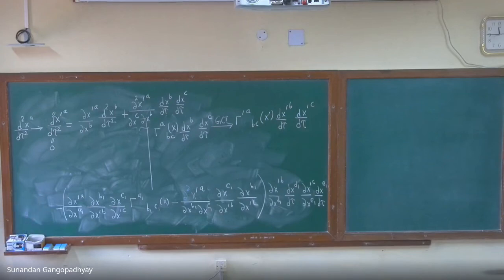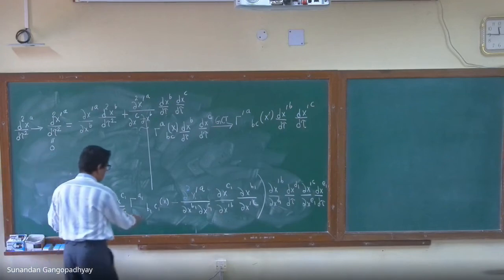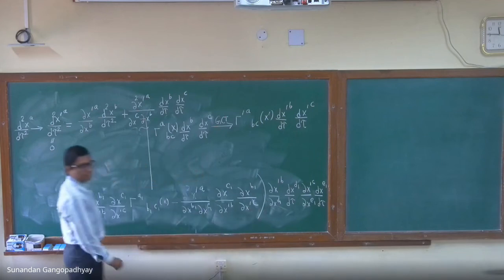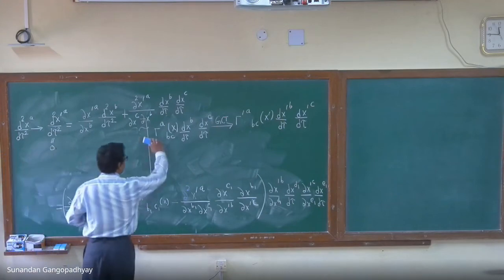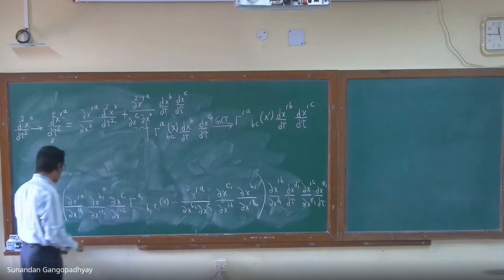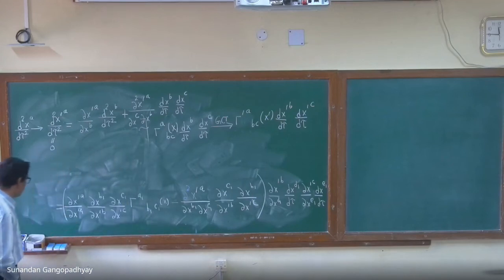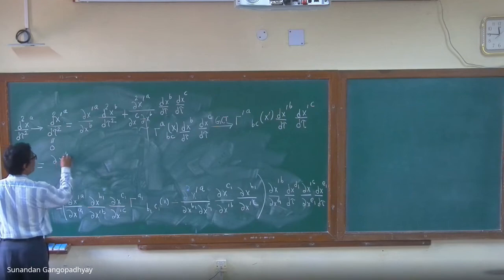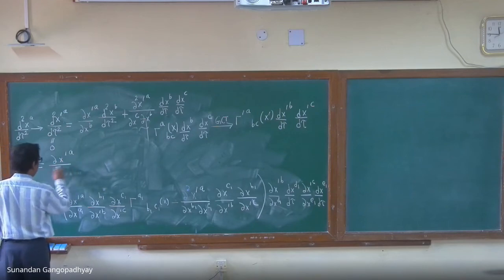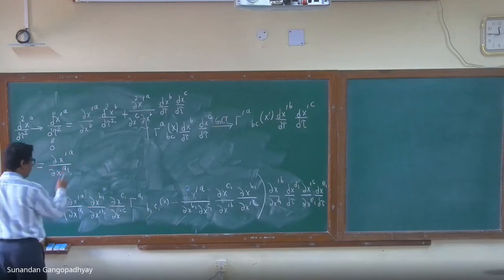Now what we need to do is just multiply this with this. Please do the multiplication yourselves. You get two terms, del x prime a, del x a1, and so let me just write it down. So this will be del x prime a, del x a1.